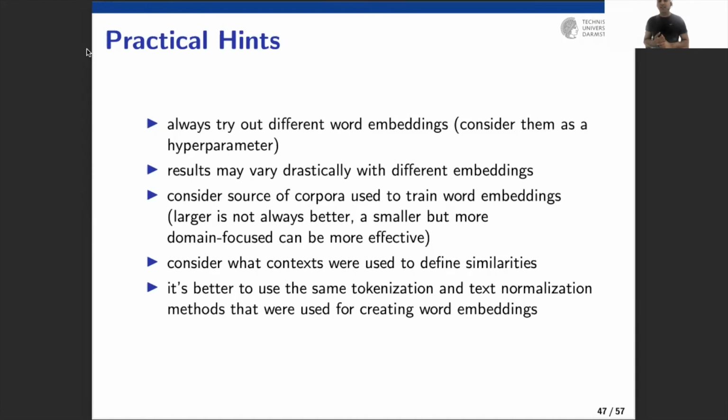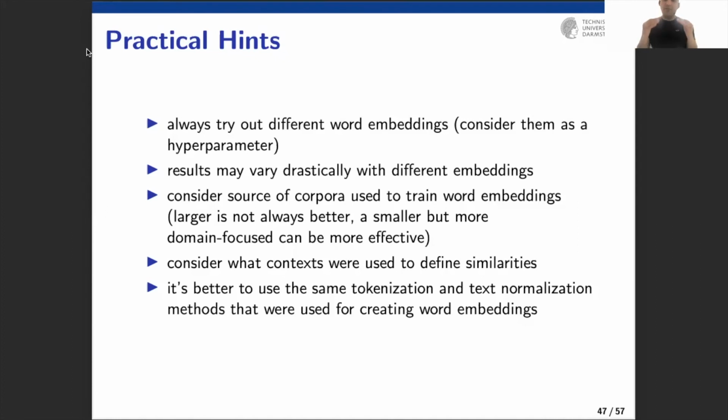And finally, it's always better to use the same tokenization and text normalization methods that were used for creating the word embeddings. The main reason is that pre-trained word embeddings look like this: we usually have a list of words or tokens, and in another file we have vectors associated with these tokens.